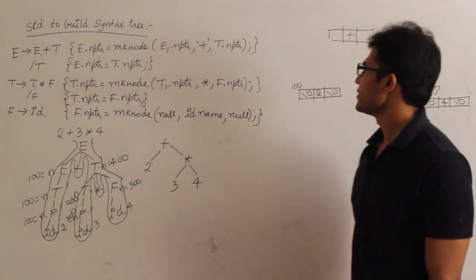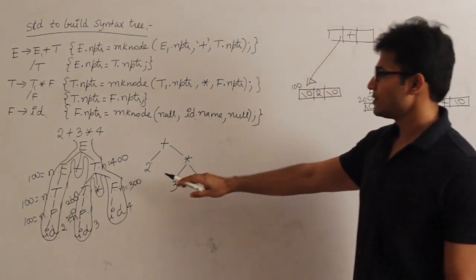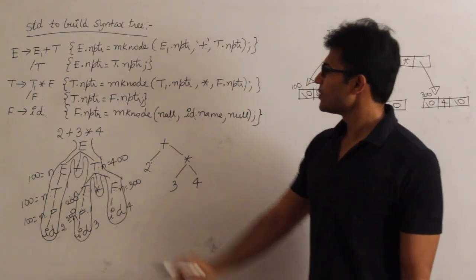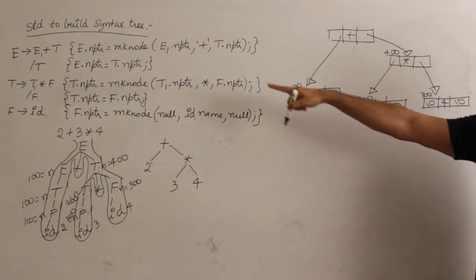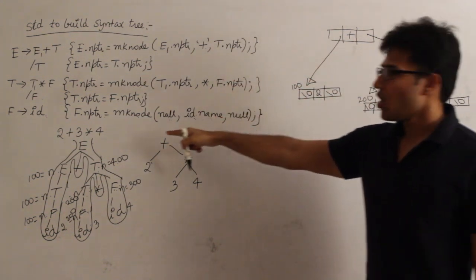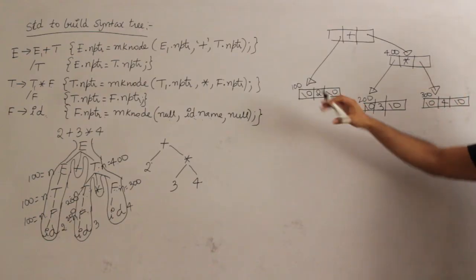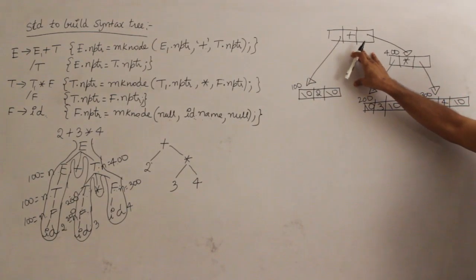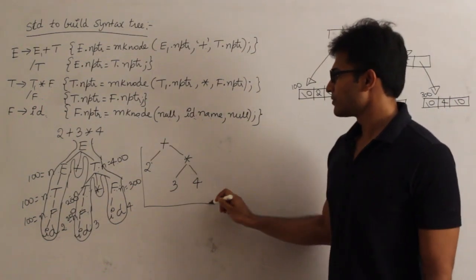It is 100, which means this one is pointing to this. The right side node is t.nptr. What is t.nptr? 400, which means it is pointing to this. Therefore, if I carry out that SDT on this input, I am supposed to get this entire thing. If you look at this, this is nothing but the data structure of the abstract parse tree.